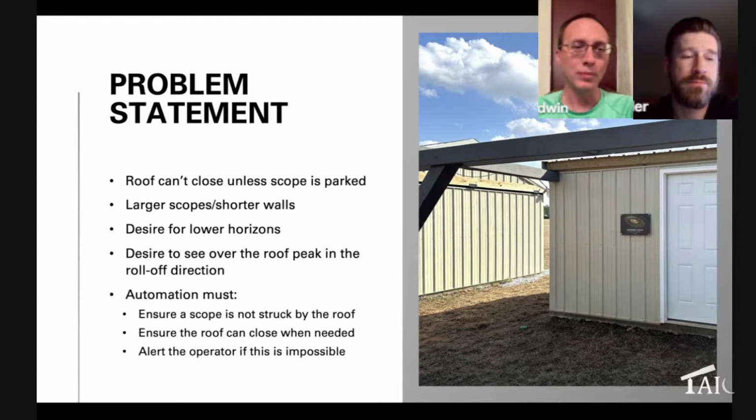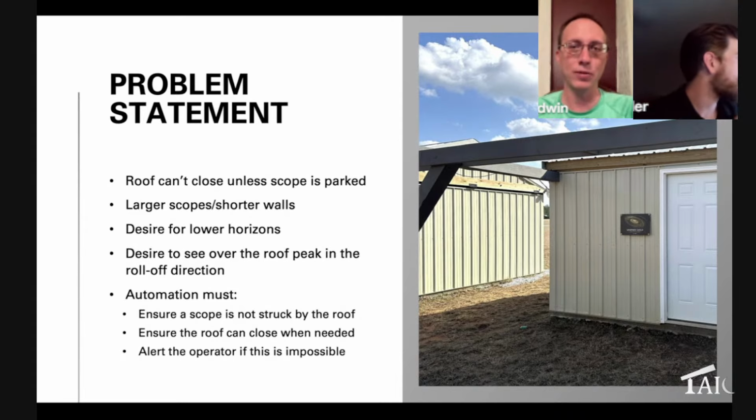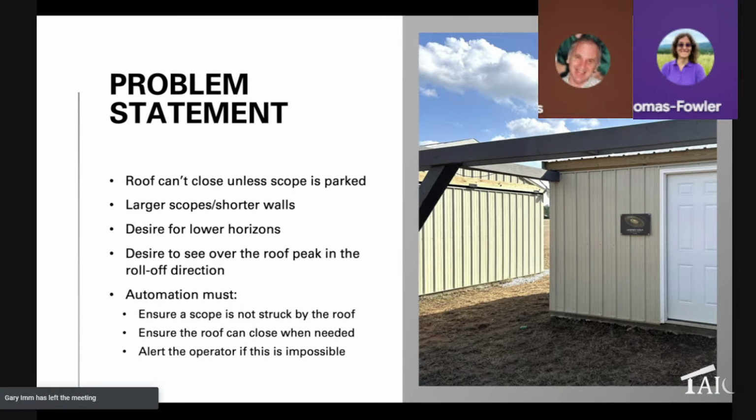So unless you have a roof that rolls off with parts of the walls attached to it, which a lot of observatories are being built that way these days, you frequently run into this problem of your mount needing to be parked in a certain way so that it isn't struck by the roof when it closes.